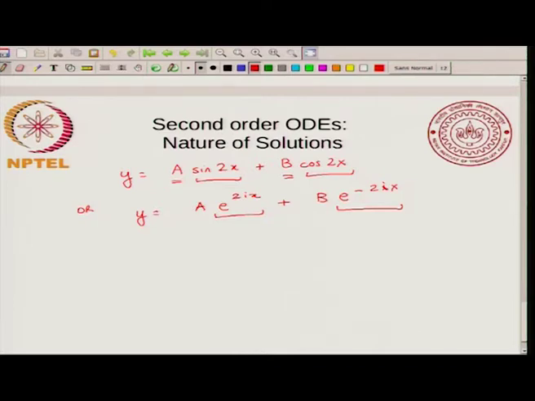Okay. So, there is a connection between differential equation and matrix. Okay.